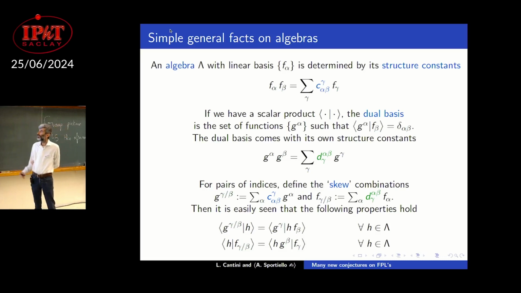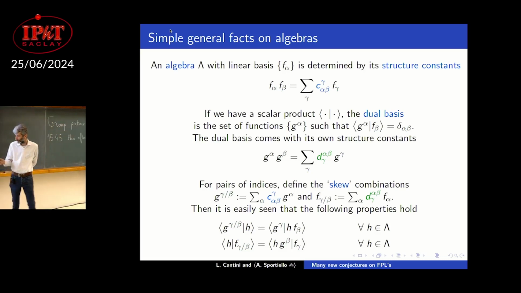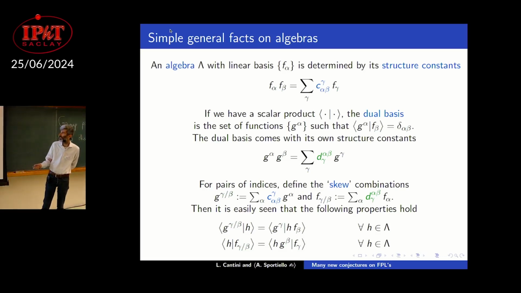And if you introduce the skew combination just in this way as a shortcut, in order to have the fundamental property of skew functions, which is to bring down the index in that way, you see that you have to use the structure constants C and D in a crossed way. Just an elementary fact.